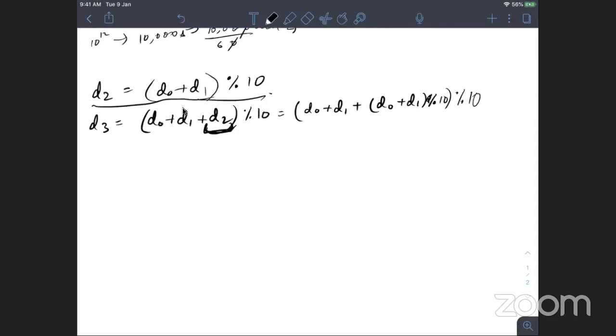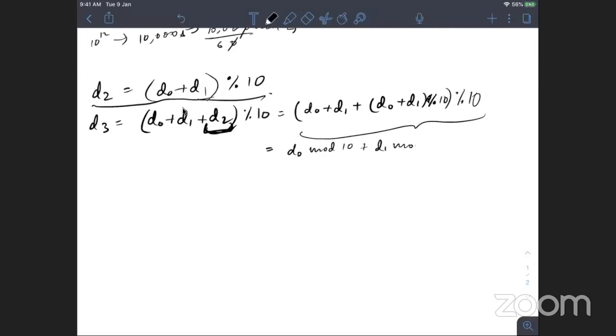I get this expression, which is actually D0 mod 10 plus D1 mod 10.